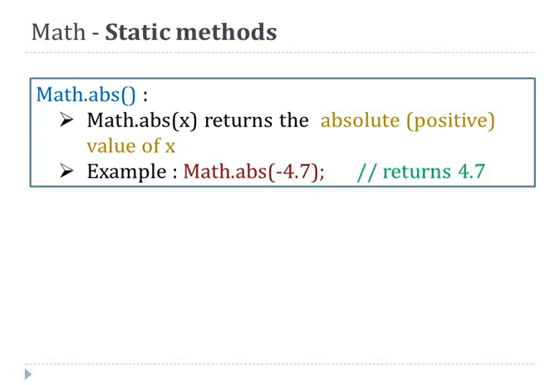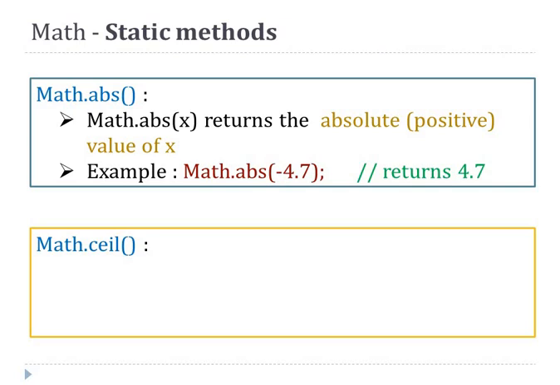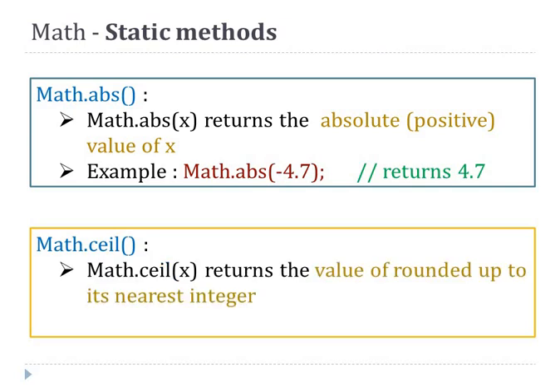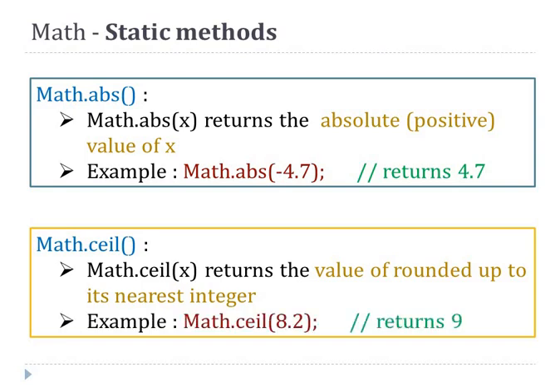For example, if you are passing Math.abs and passing the number -4.7 as an argument, then it will return 4.7, that means the positive value of that particular number. After that, Math.ceil, very easy, it just returns the value rounded up to its nearest integer. For example, if the value is 8.2, then it will return 9. If the value is 9.9, then it will return 10, like that.